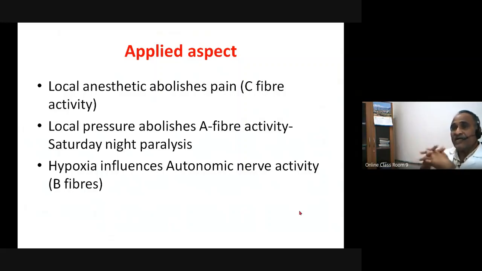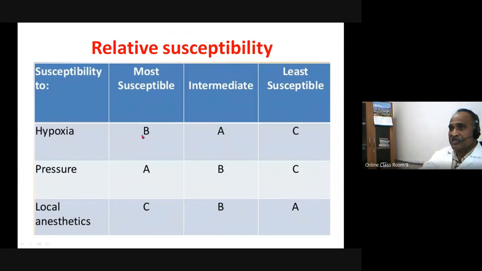An example I had given about Saturday night paralysis, wherein when you have a pressure effect on the nerve, that blocks the nerve conduction or nerve activity of the A fibers. Hypoxia influences the autonomic nerve activity. If you go back to the previous slide, then you will know it. Say for example, BAC. So that particular component.